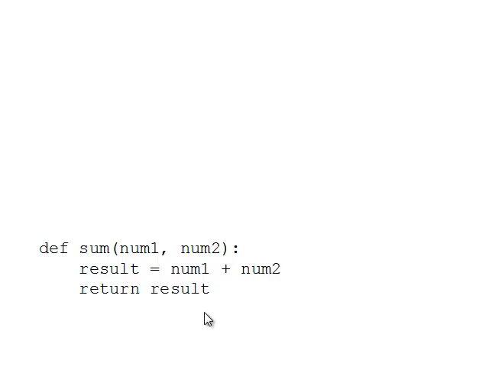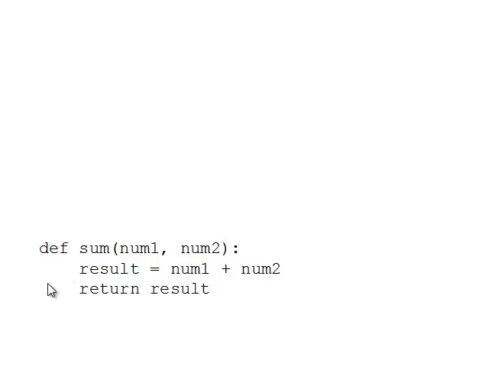I'm going to go over this in just a moment, but the return statement does two things. When it executes, it causes the function to terminate, and then it sends the value of an expression back to the statement that called the function. So you simply write the word return followed by some expression or some value, and that expression or value is what is sent back to the statement that called the function.